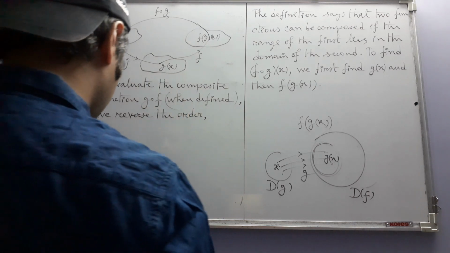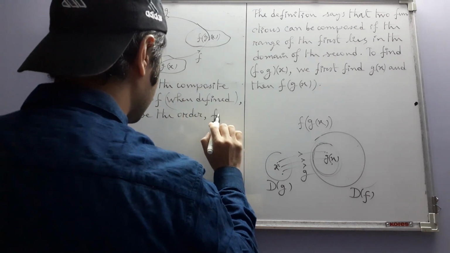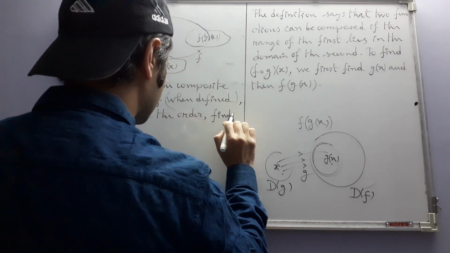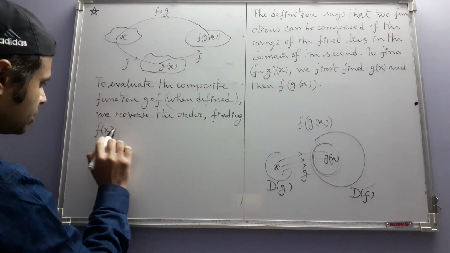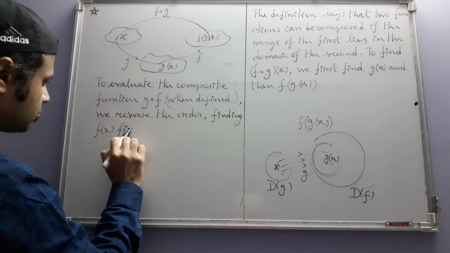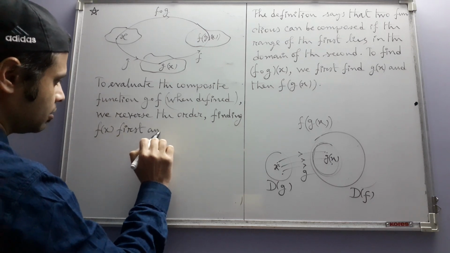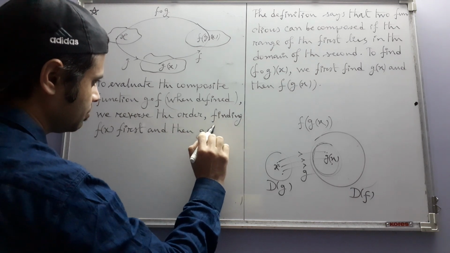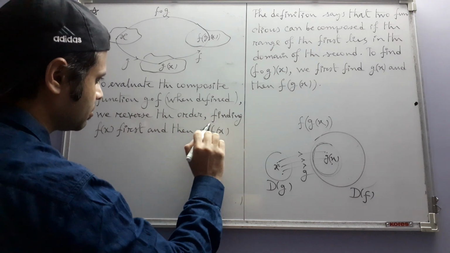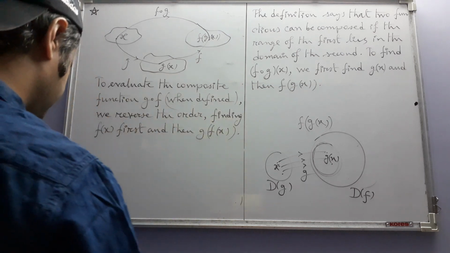We reverse the order, finding F of x first and then G of F of x.